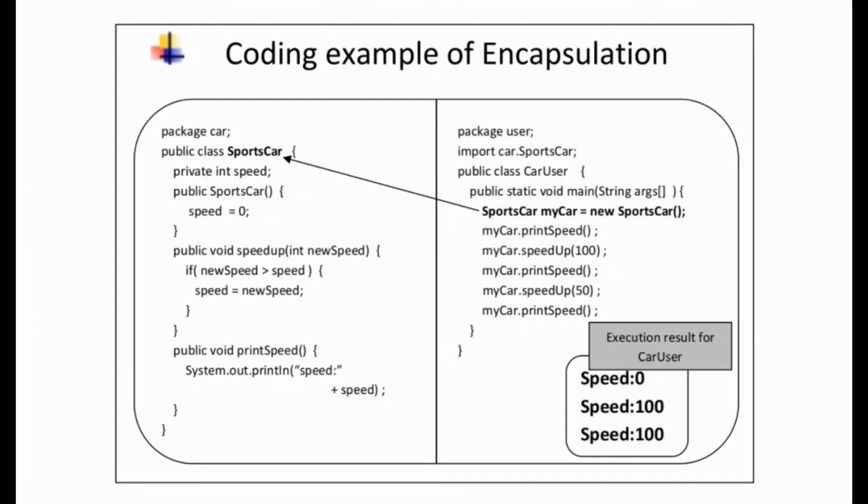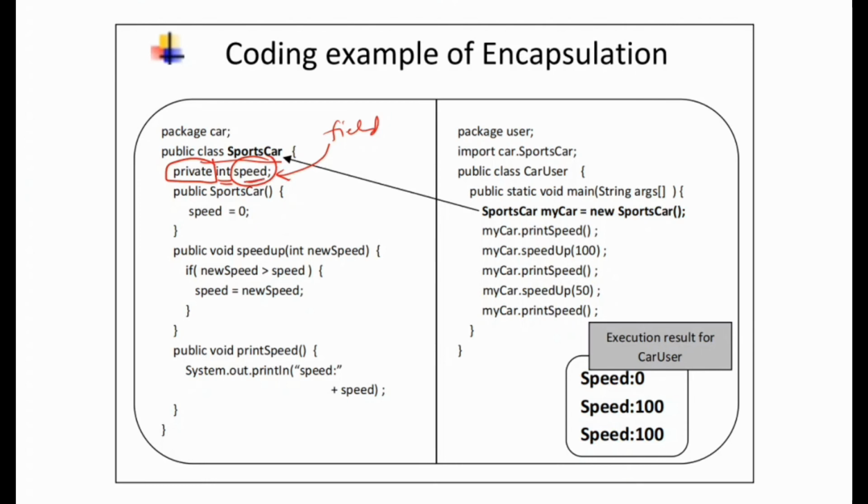Now recall our lesson on encapsulation. In this example, we are employing encapsulation. As you can see, inside the class sports car, we have a field. The field name is speed and it is type integer. Take note that we use the access modifier private when we declare speed.